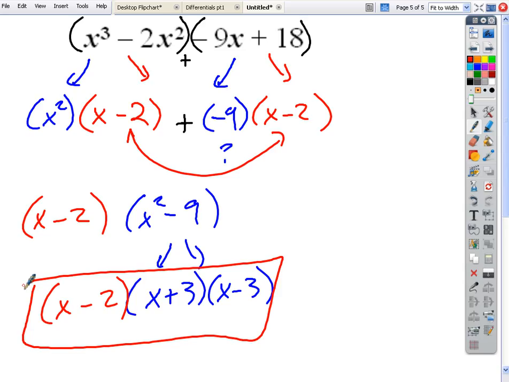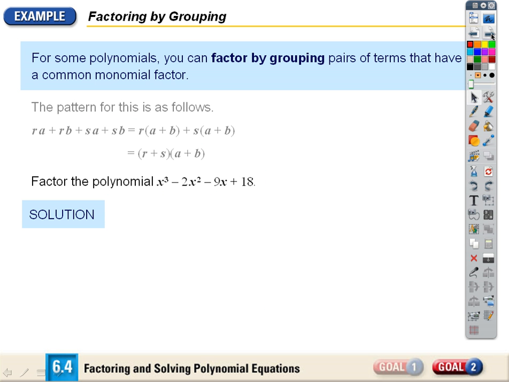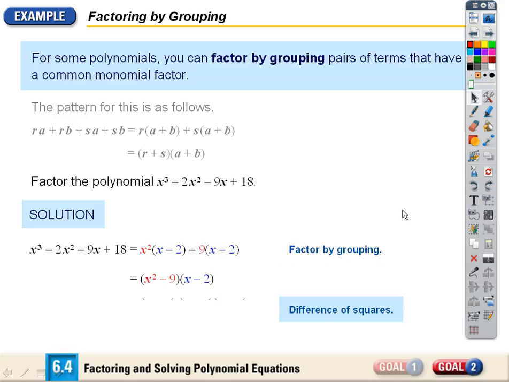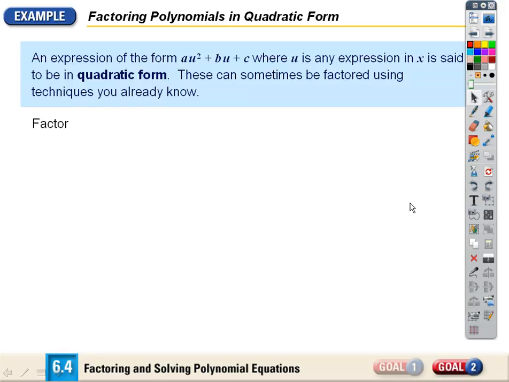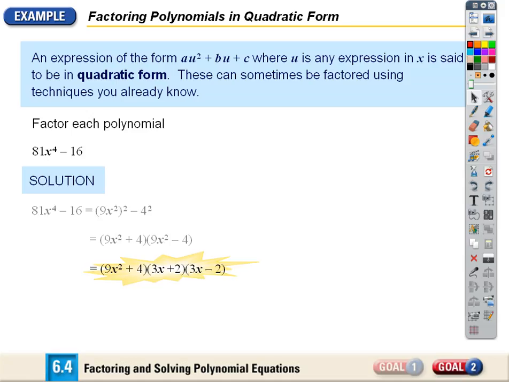Okay, and then the last one that we'll see, and I'm just giving you kind of a speedy look at this, we'll focus more on it later, is quadratic form. What about something like this? No, not that one. I don't like that one. Let's look at this one. Okay, take a quick look.